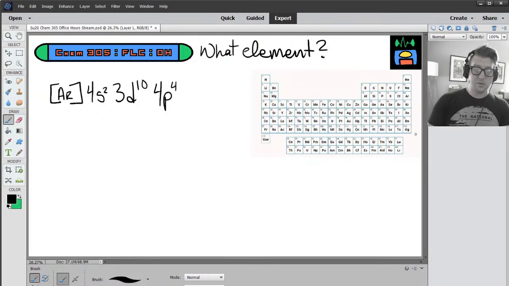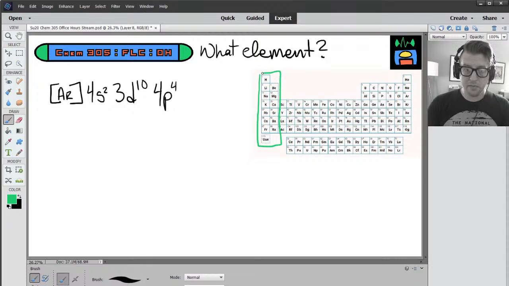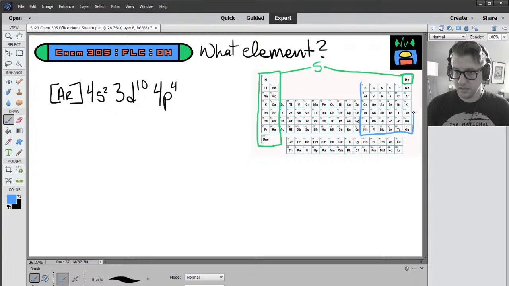To answer this question, you have to turn to the periodic table, and just a quick refresher. The first two columns of the periodic table, including helium, are the S block. The other chunk of the main group is the P block.